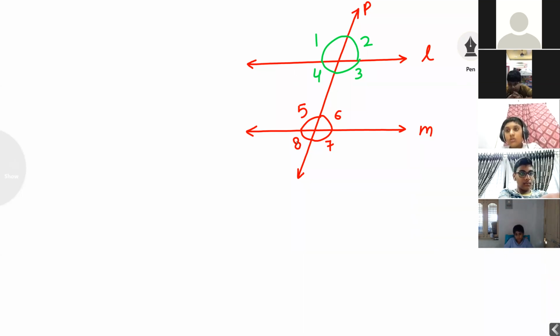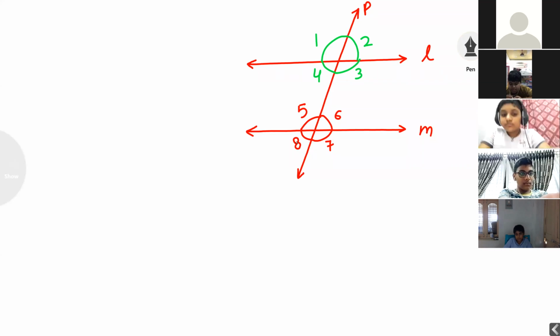The angles lying inside between two parallel lines are called interior angles. Interior means inside angle. Exterior means outside angle.